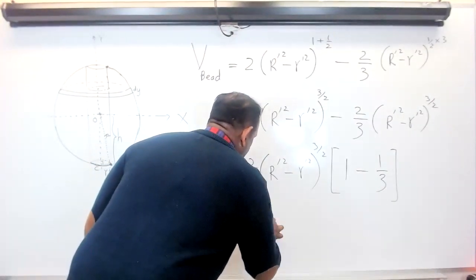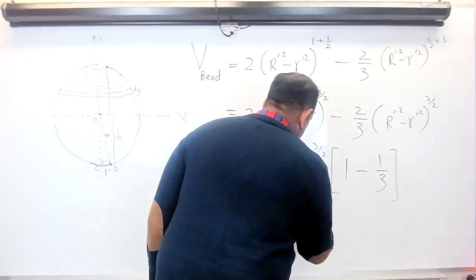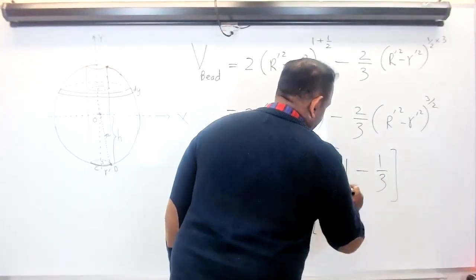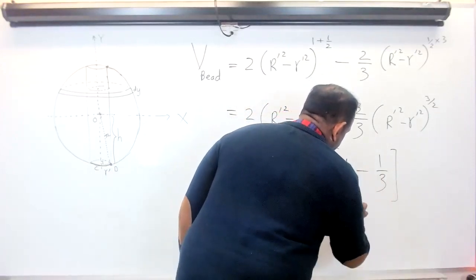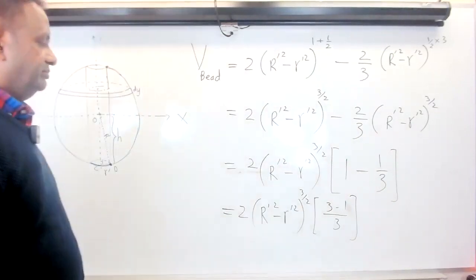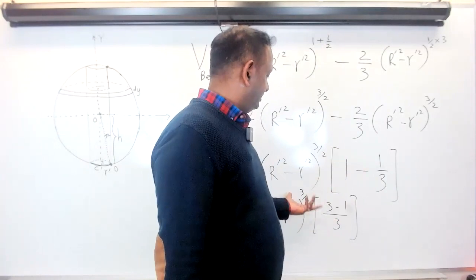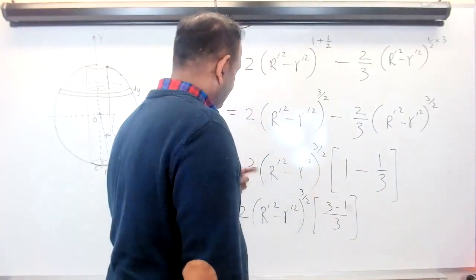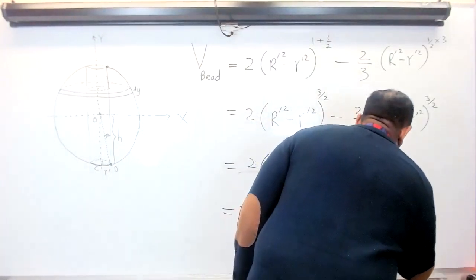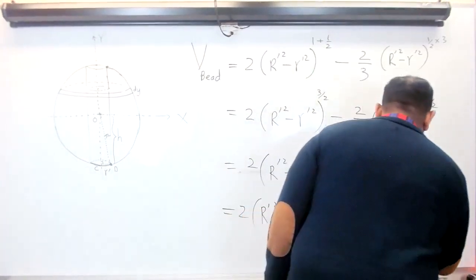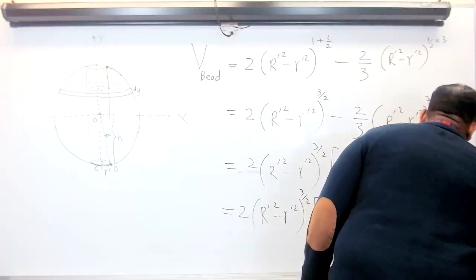2 r prime squared minus r prime squared 3/2. Then let's simplify. 3 minus 1 over 3. See, 3 times 1. If you got 1/3, that's 3, 2/3. Okay, so here 2, 4 over 3, r prime squared minus r prime squared 3/2.